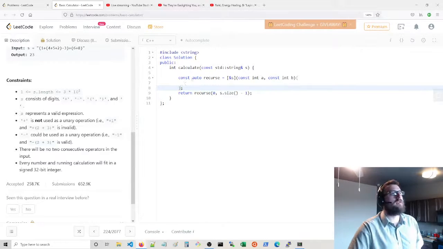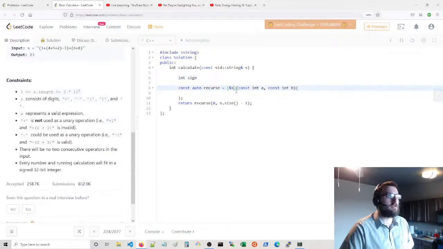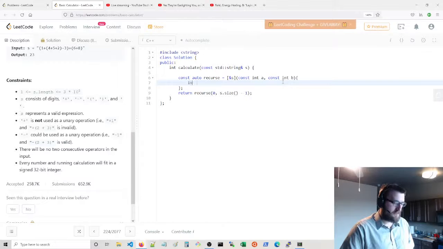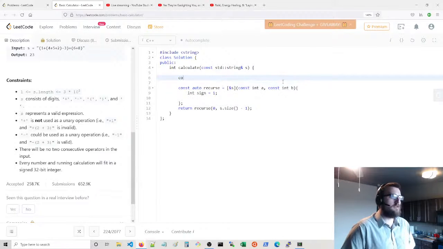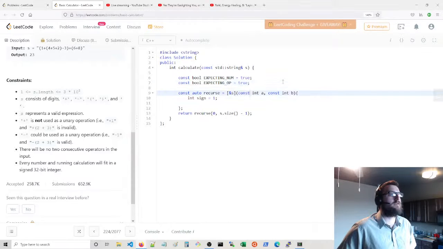So you have an int for the sign. Actually, sign should be inside. So int sign equals 1. Say const bool expecting number is true, expecting operator true.